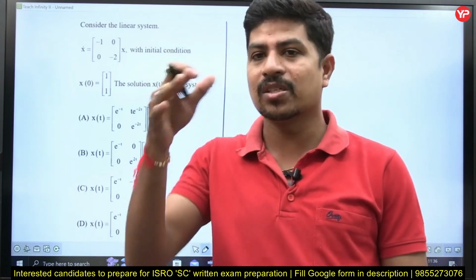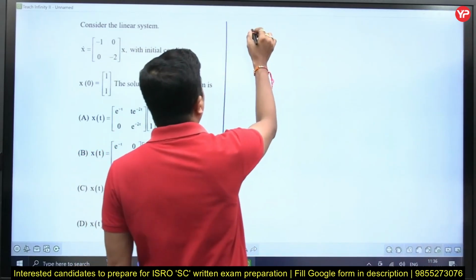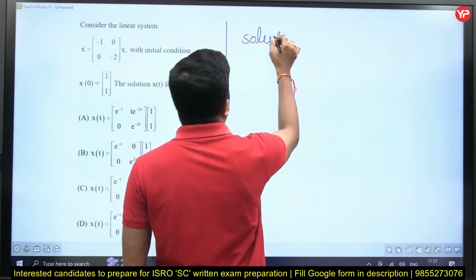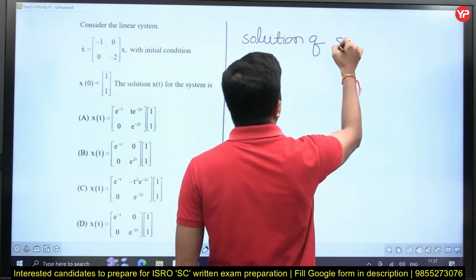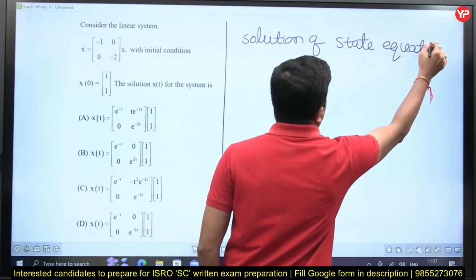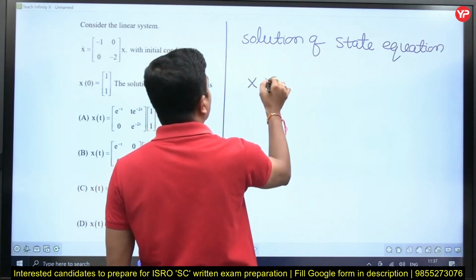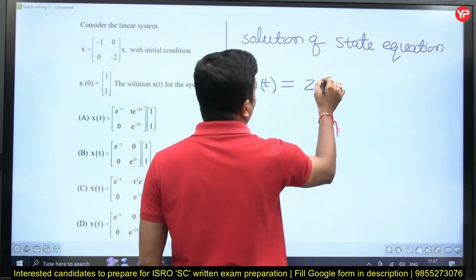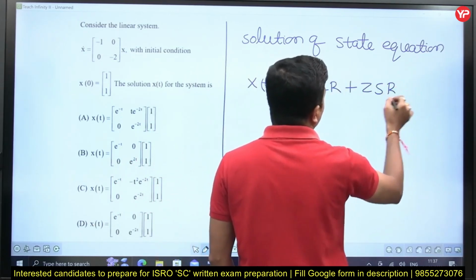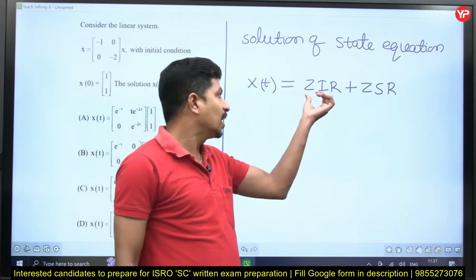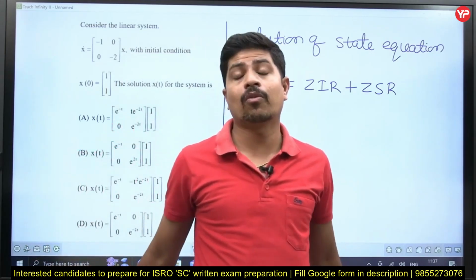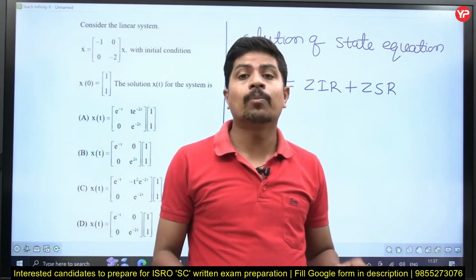The solution of the state equation, x of t, is equal to zero input response plus zero state response. Zero input response is because of only initial conditions, zero state response is because of only input. In this question, input is not given, therefore I have to find only the zero input response.